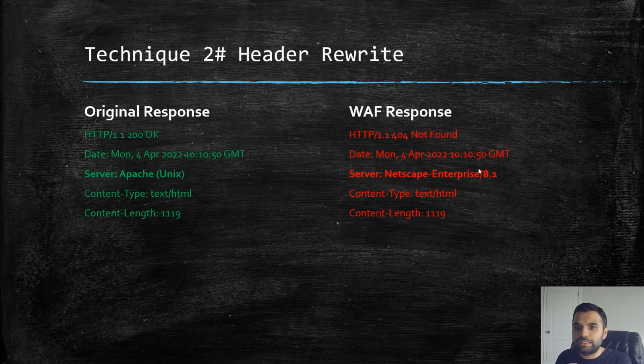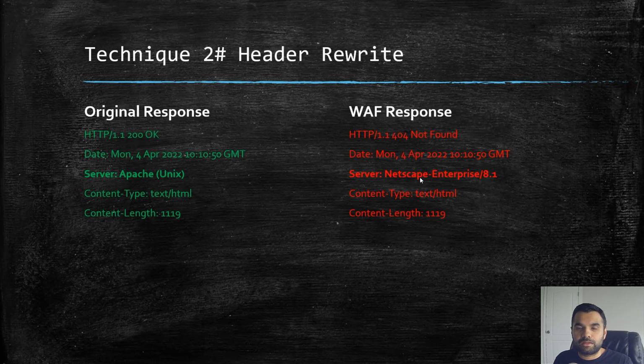So sometimes you will see, in this case, the original response is 200 OK and the server is Apache Unix, right? If the request is coming through the WAF, then you would see that the server header is changed. So here the server name is Netscape Enterprise 8.1. Sometimes they totally remove the header value, so you will not see any value, and that triggers that, yeah, there is a WAF in place.